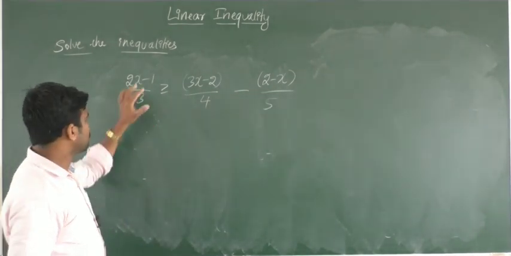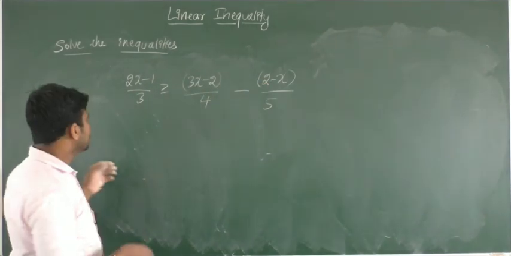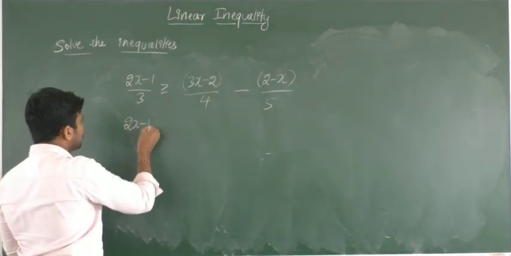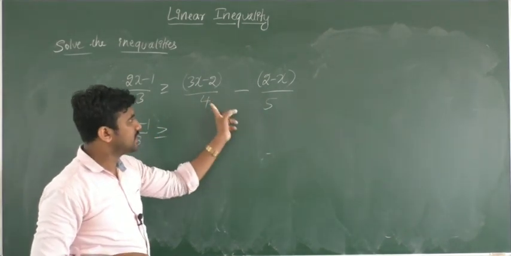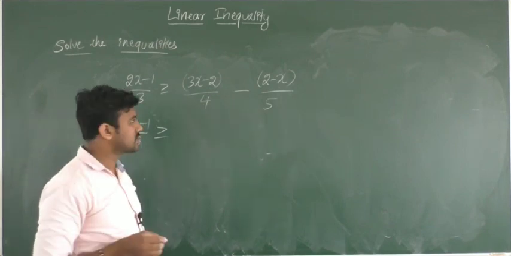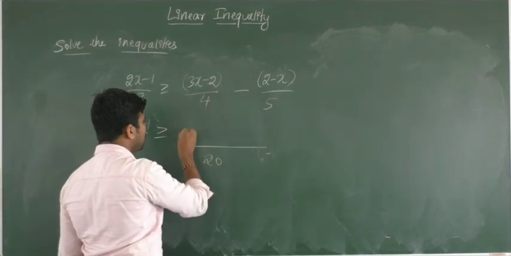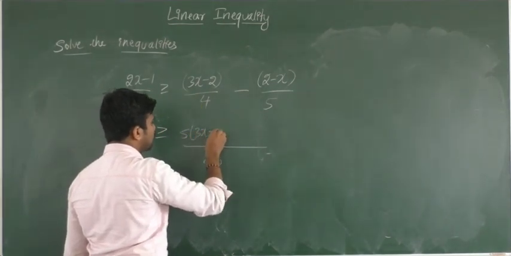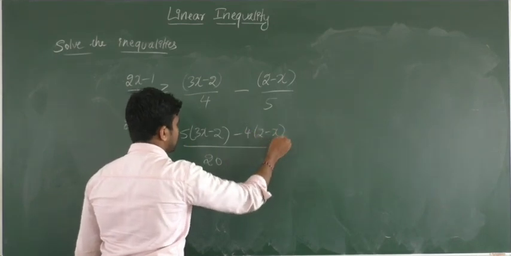Okay. So to solve this question, first take the LCM on the right hand side. So keep 2x minus 1 divided by 3 as it is, greater than or equal to, here take the LCM, 4 into 5, that is 20 is the LCM. So 5 into 3x minus 2 minus 4 into 2 minus x.